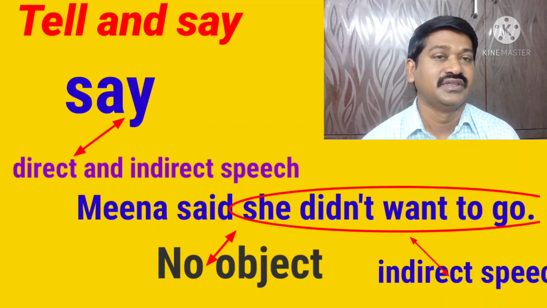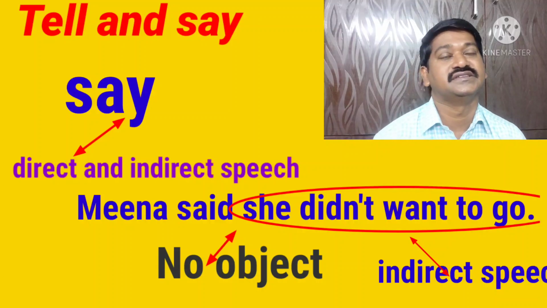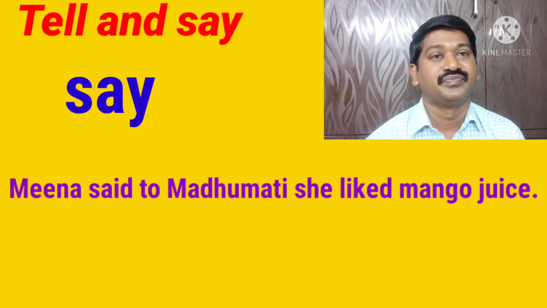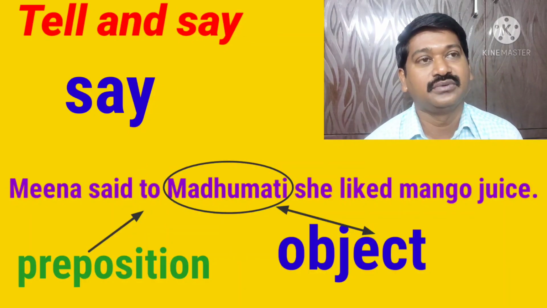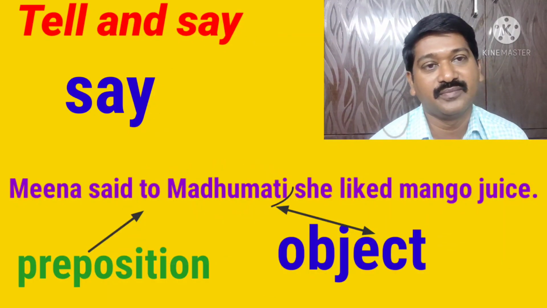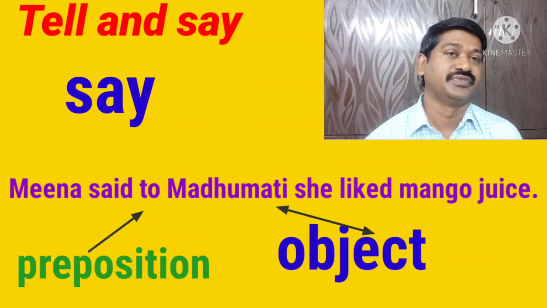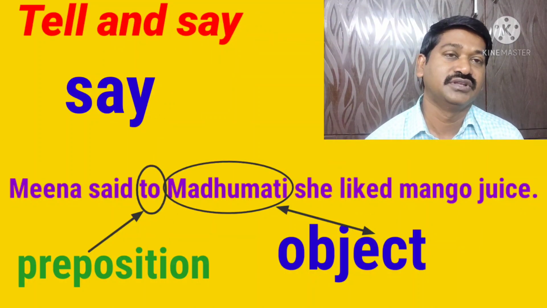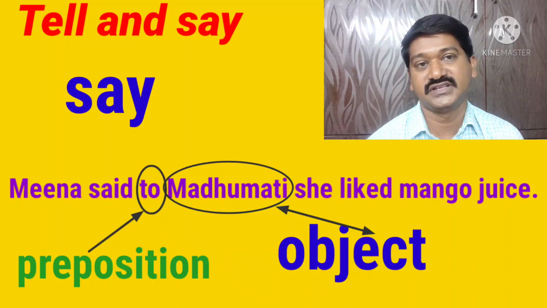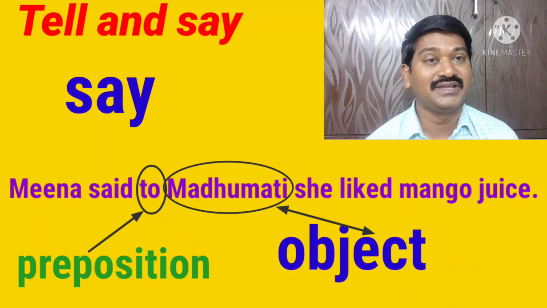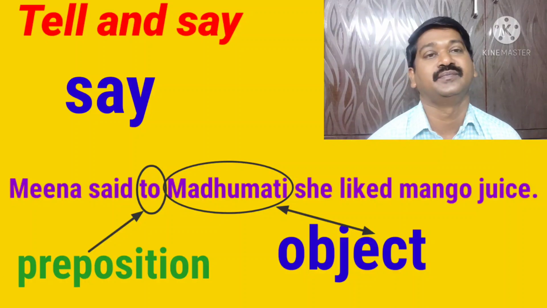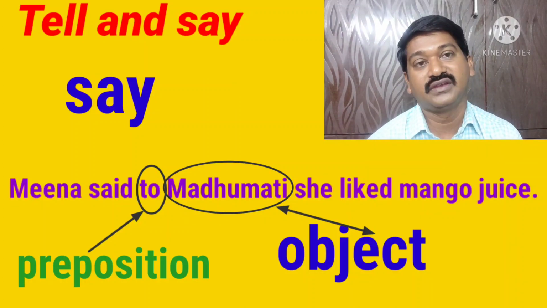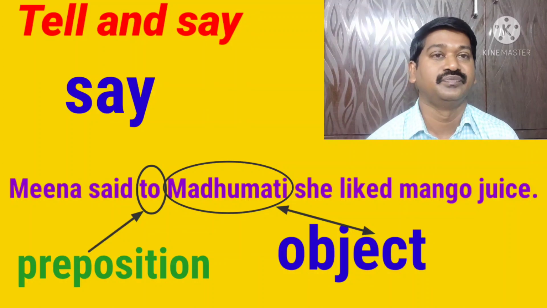But there is an exemption. Meena said to Madhumati, she liked mango juice. Here, there is an object, to Madhumati. We can use the object after a preposition.